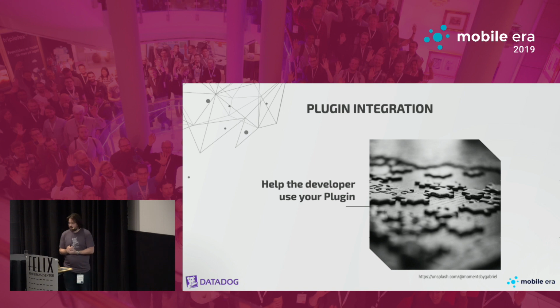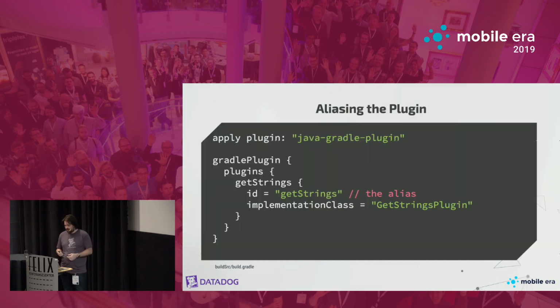So anyway, now we have our plugin and the tasks are ordered. We want to have a better integration because we still have some things to do. The first thing you can do is alias the plugin. In the buildSrc configuration file, you can say, I have my GetStrings plugin class, and I want to alias it as getStrings.